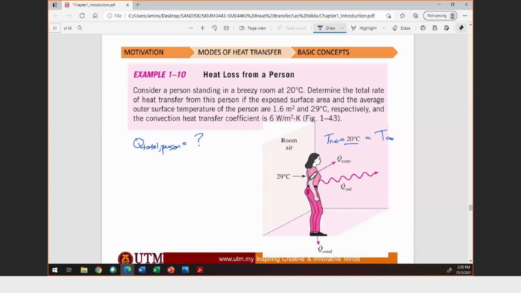The body temperature is 29 degrees Celsius, and the convection heat transfer coefficient is 6 watts per meter squared Kelvin. So here the A surface is 1.6 meters squared, and Ts is 29 degrees Celsius.